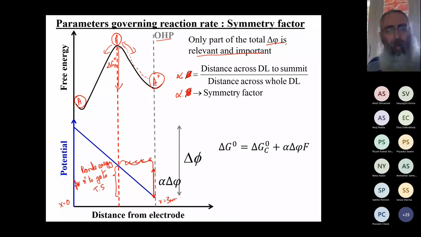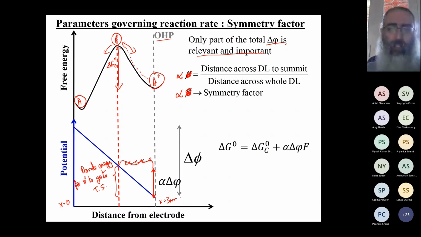That fraction of the total potential drop that we use to take the reactant to the peak of the energy profile is what is called alpha, and you can define it as the distance across the double layer to the summit divided by the distance across the whole double layer.